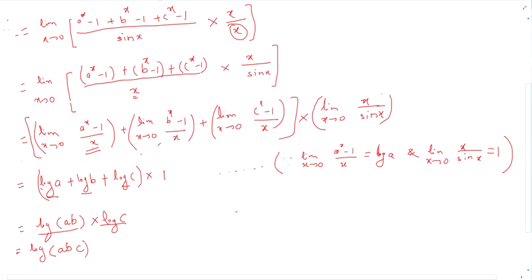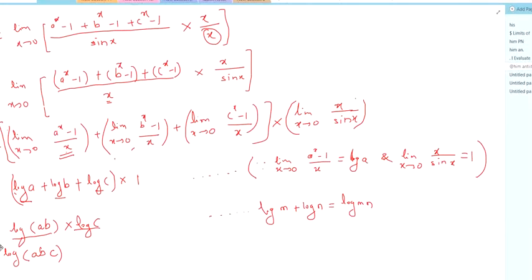And which law do we use there? I have already mentioned in the previous example, that is, log of m plus log of n is equal to log of mn. So this is our required answer, that is log of ABC.